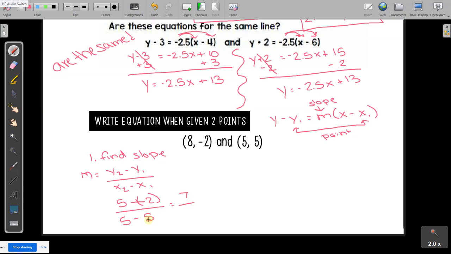Over 5 minus 8 is negative 3. So we have a slope of negative 7/3.